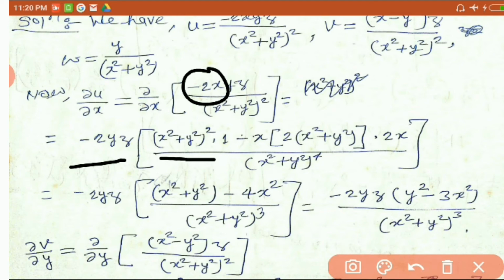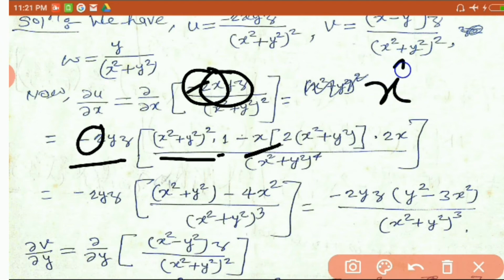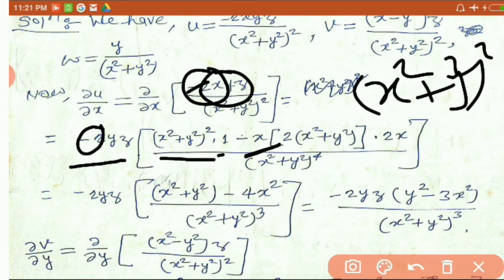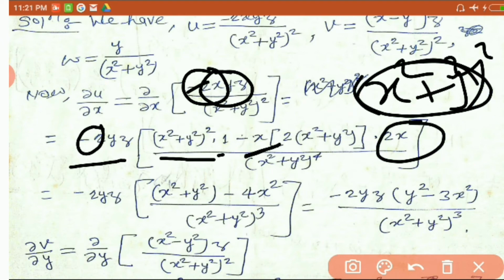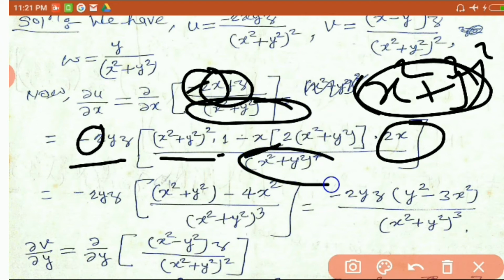We have already taken minus 2 out, so the first function is only x, and the derivative of x is 1. Minus the first function x as it is, times the derivative of the second function, which is the derivative of (x² + y²)², that is 2 into (x² + y²) into the derivative of x² + y² with respect to x, which is 2x, divided by the second function squared, that is (x² + y²)⁴.